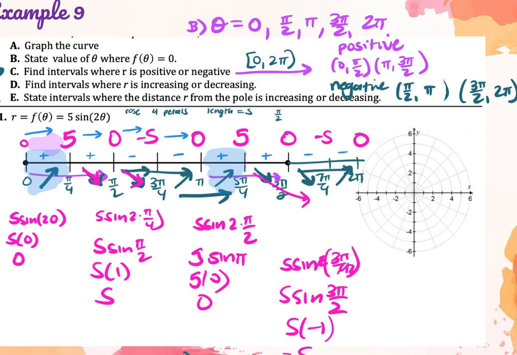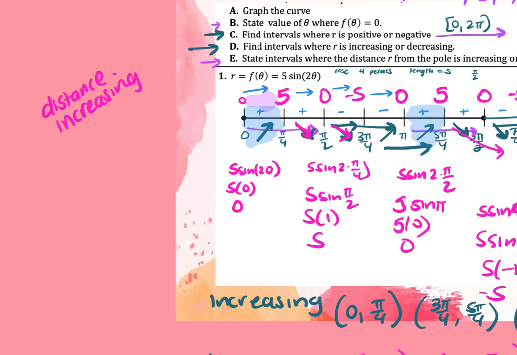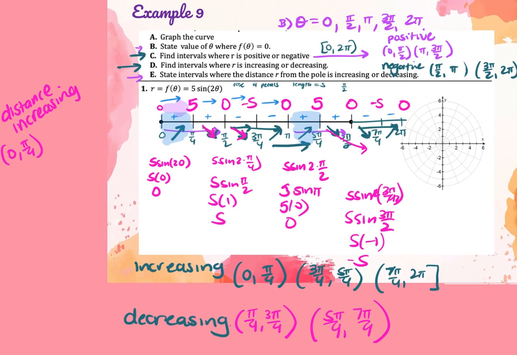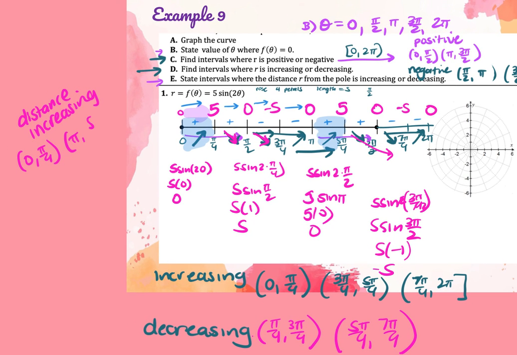Those distances are increasing. So distance increasing from 0 to pi over 4 and from pi to 5 pi over 4.